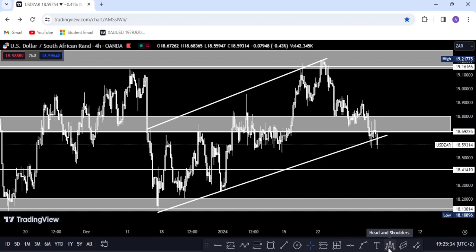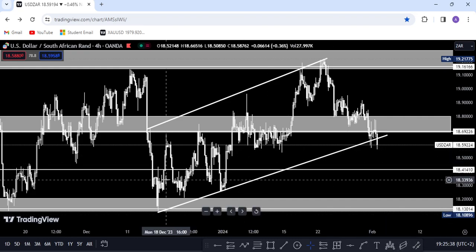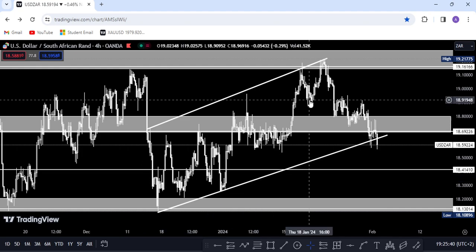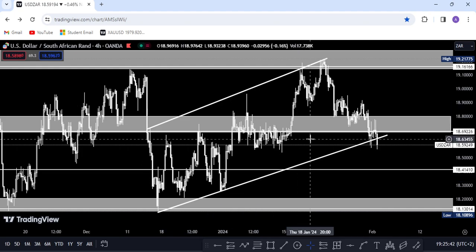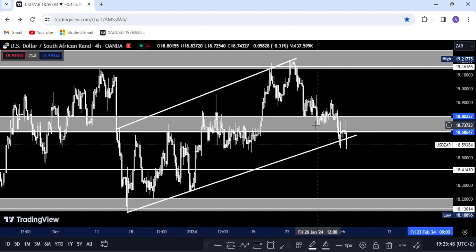So as you can see here, prices are bullish, as I said. However, even though they are bullish, they have now closed underneath this level that is a resistance. This is one of the levels that I've been paying attention to, so I marked this place as a resistance.